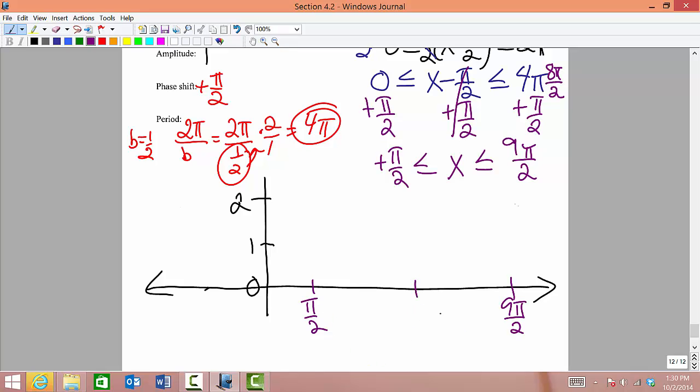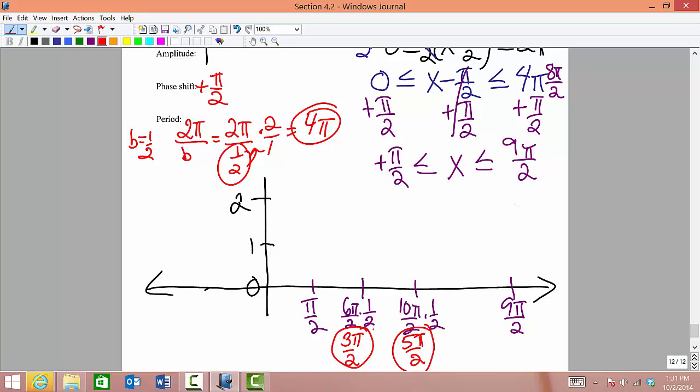Finding midpoints, add together, multiply by 1/2. We reduce our fraction, we find that the x value at the middle will be 5 pi over 2. 5 pi over 2 plus pi over 2 would be 6 pi over 2. Multiply by 1/2. Reduce our fraction.